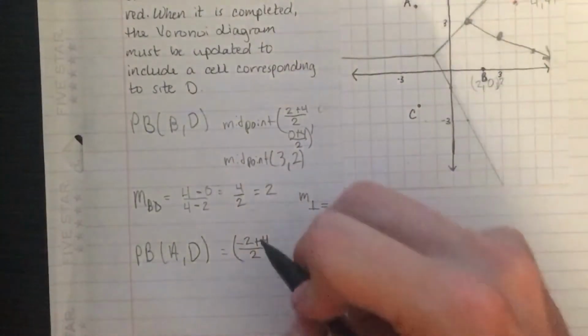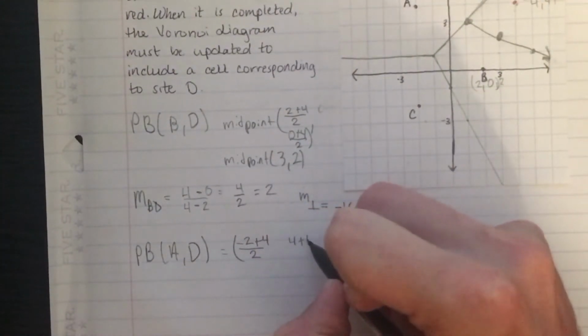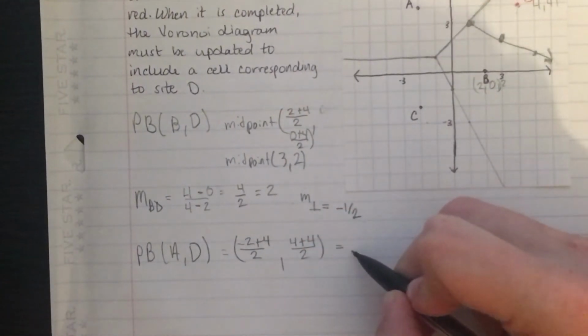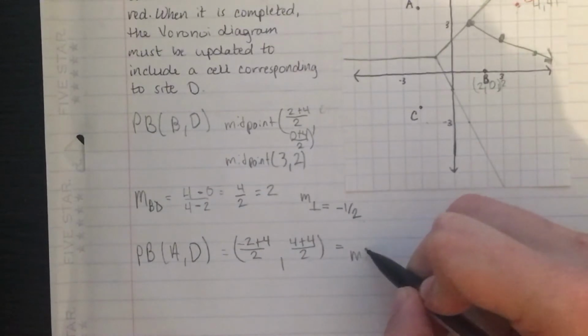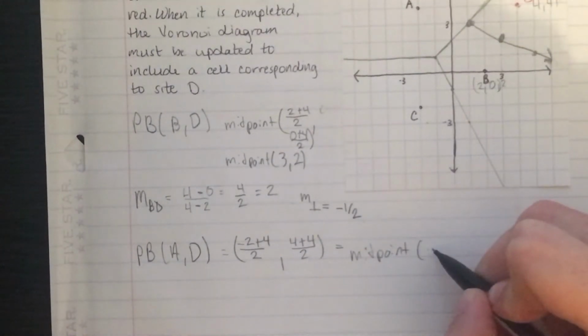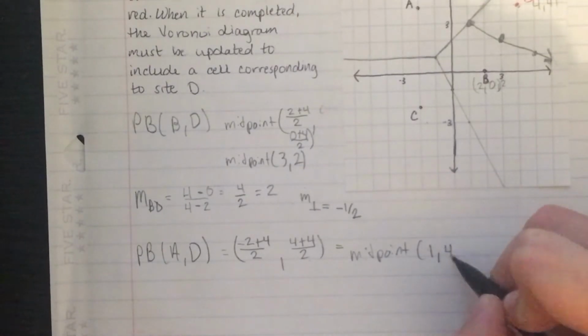For the y coordinate here, we're going to do 4 plus 4 over 2. And that's going to give us a midpoint of 1, 4.